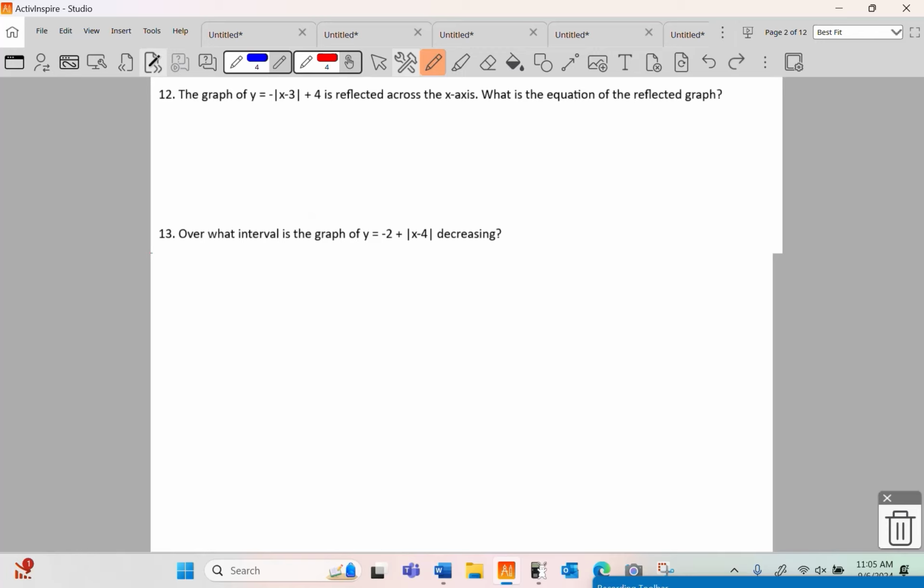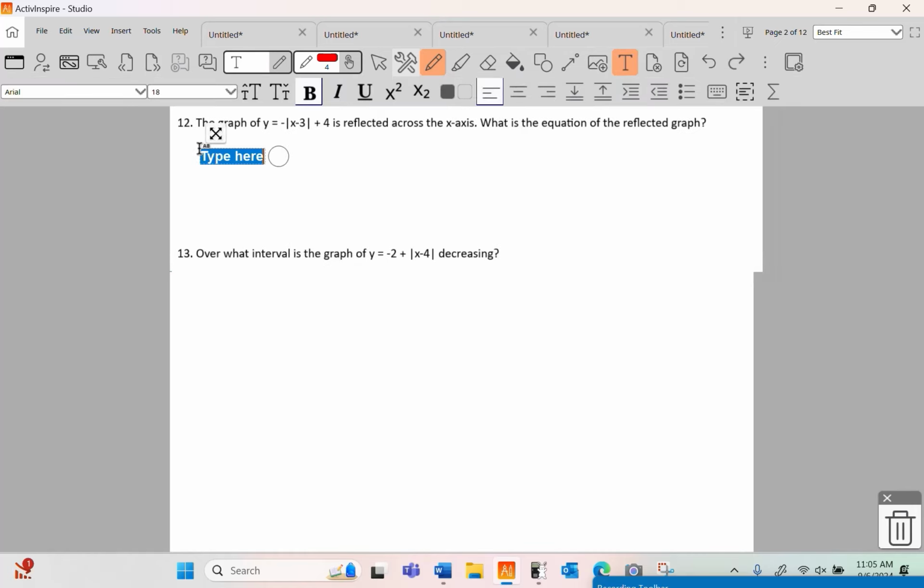All right, what do we have here? We have the graph y equals negative absolute value of x minus 3 plus 4 is reflected across the x-axis. Write an equation of the reflected graph, and what you can do is you can know that this means that the function is going to negate the original one.